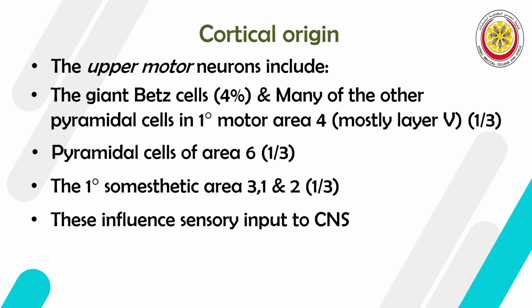So one third bypass area 4 and go directly down. And then there is a third which is sensory. So the descending pathways are two thirds motor and one third sensory. Now today we are going to concentrate on the two thirds, which are the motor descending pathways.